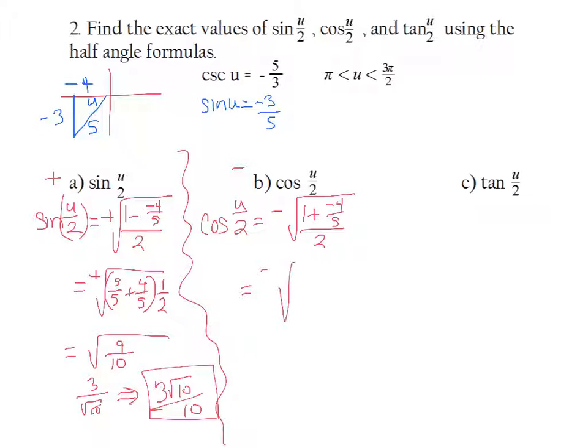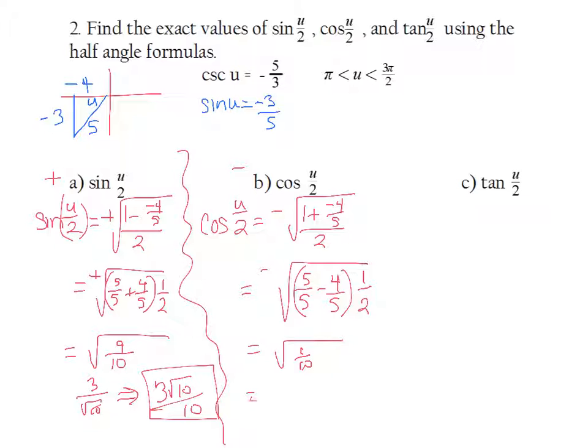Negative. Big square root. I'm going to write that as a 5 over 5 minus 4 over 5. Instead of dividing by 2, I'm going to multiply it by 1/2. I end up with a 5 minus 4, that's 1/5, times 1/2 is 1/10.